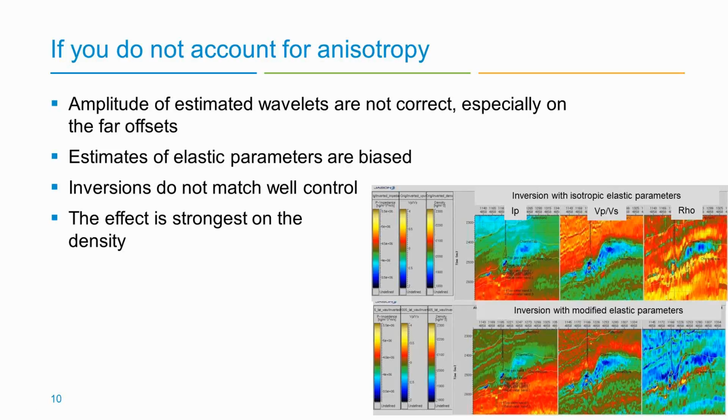And what you see is that the P impedance doesn't change, Vp, Vs changes slightly, and the density changes completely. So the density has a very strong effect from the anisotropy. So if you wouldn't take anisotropy into account, your density estimates would be biased.